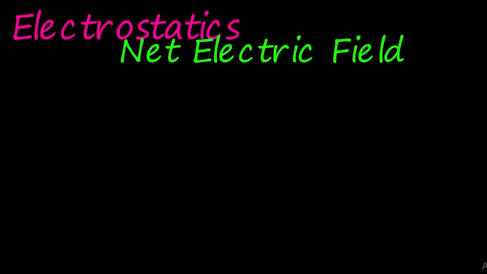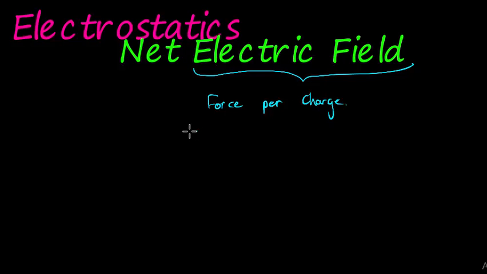Now we have defined an electric field as the force experienced per charge, force per charge. In other words, we had this formula that the electric field is equal to force per unit charge, and the unit charge is just q, where q is a constant.